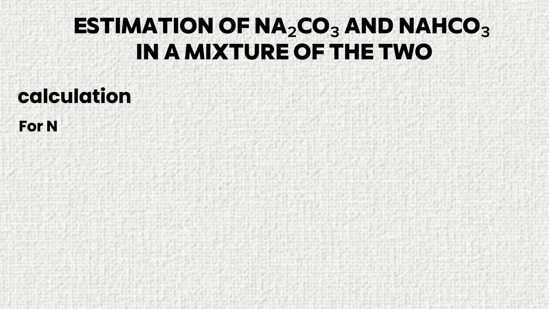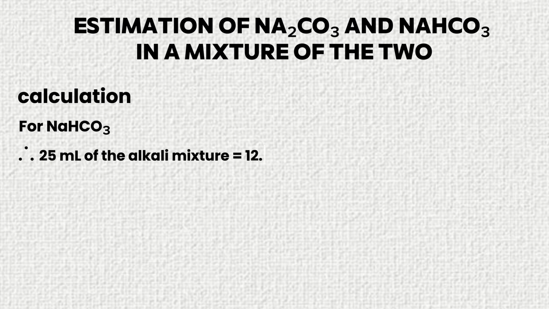For sodium bicarbonate, NaHCO₃, 25 milliliters of the alkali mixture equals 12.5 milliliter normal, bracket 10 upon 25, which is equal to 0.99 HCl.